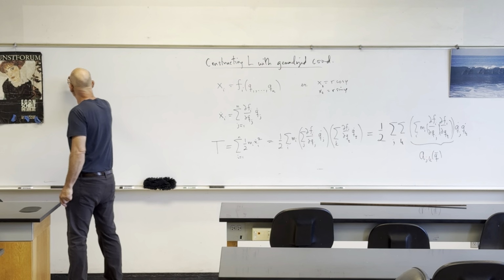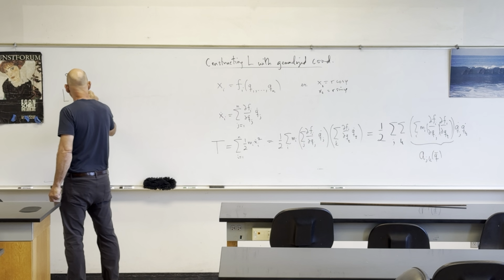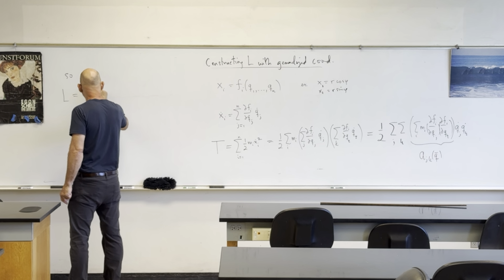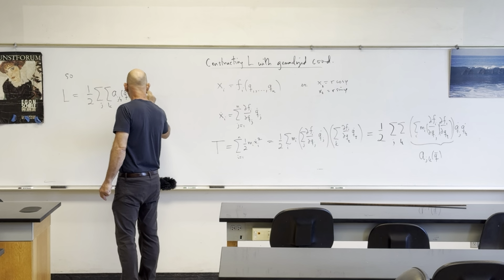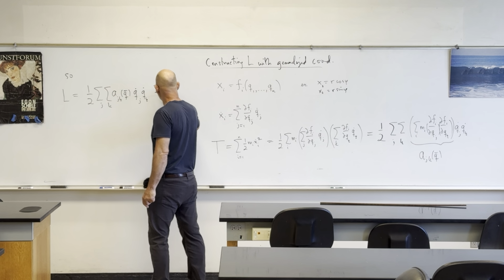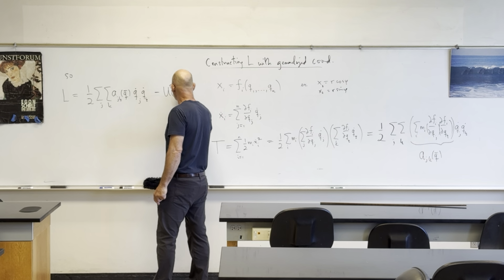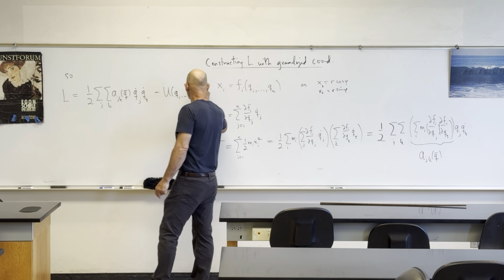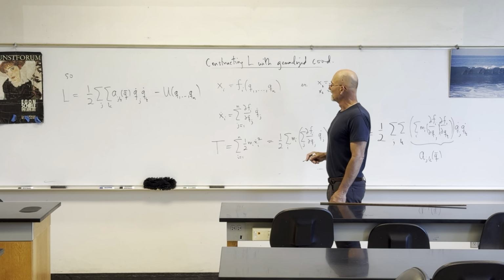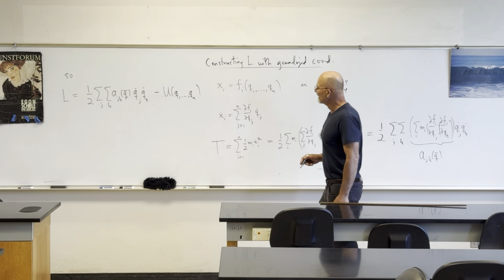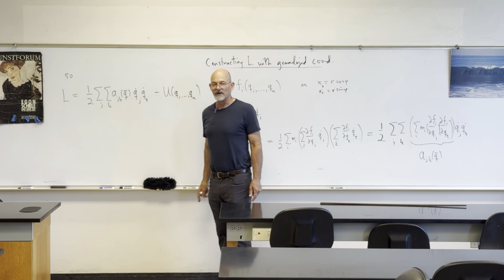Now for our Lagrangian, this is the generic form: the sum over j, k of A_jk of q, u_j u_k, and then we would just transform the potential energy into its form with the new coordinates. So this we have to come to understand and appreciate. This is the generic form of the Lagrangian with generalized coordinates.